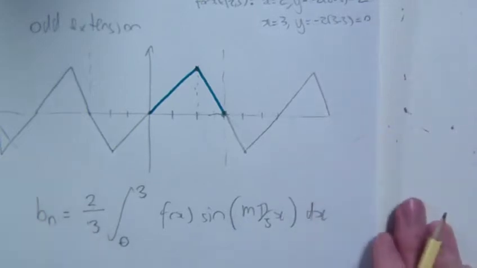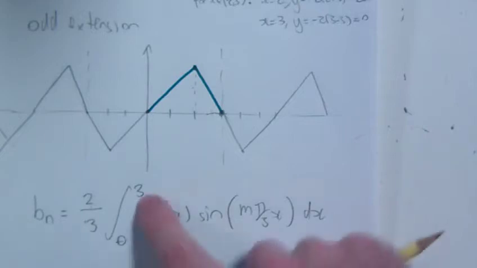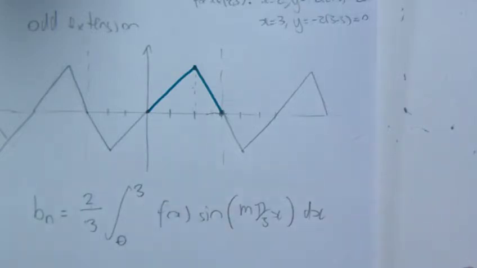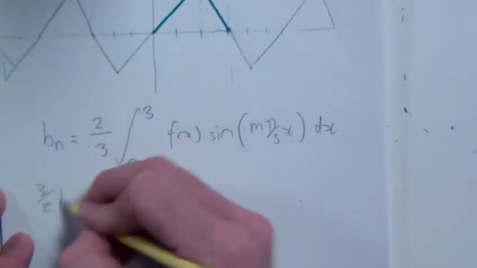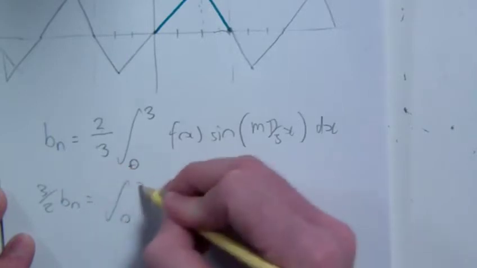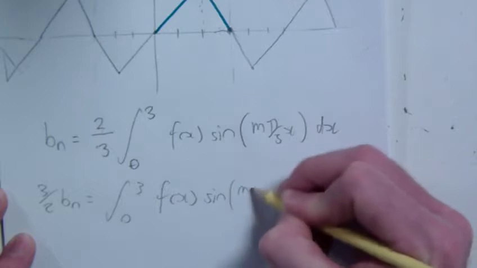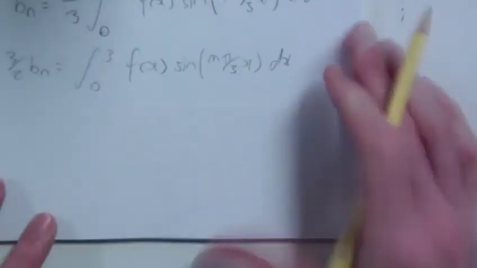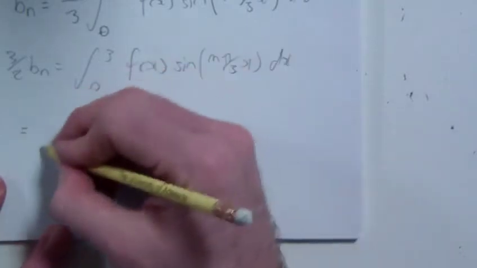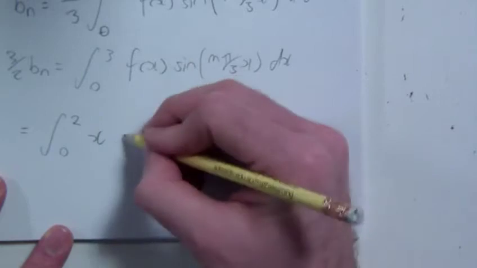But my function has different formulas in different parts of this, so it's actually going to split into 2 different pieces. So I'm going to do this trick. The bit from 0 to 2, the formula is x.